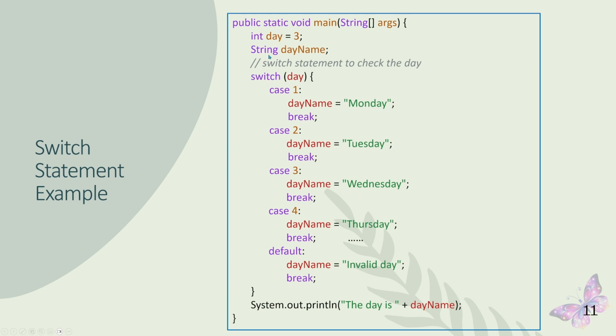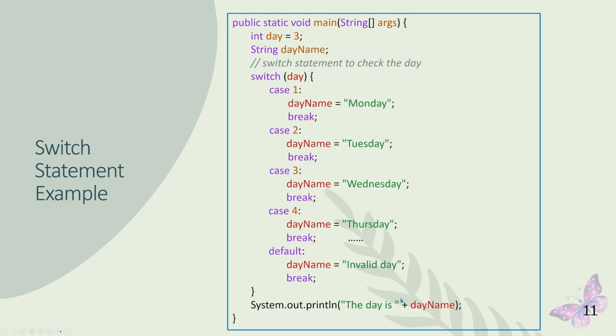Then we put a break. Then again we say case 2, day name is Tuesday, then break. This way you can put all the day names like Monday, Tuesday, Wednesday, Thursday, Friday, Saturday, Sunday, and then there is a default which is invalid day.